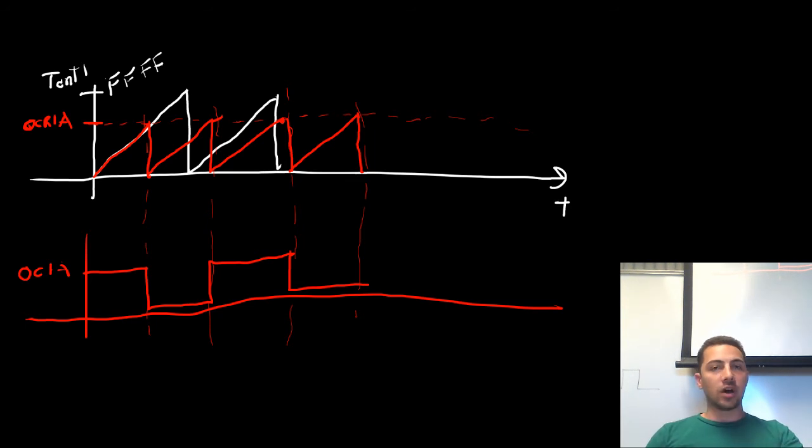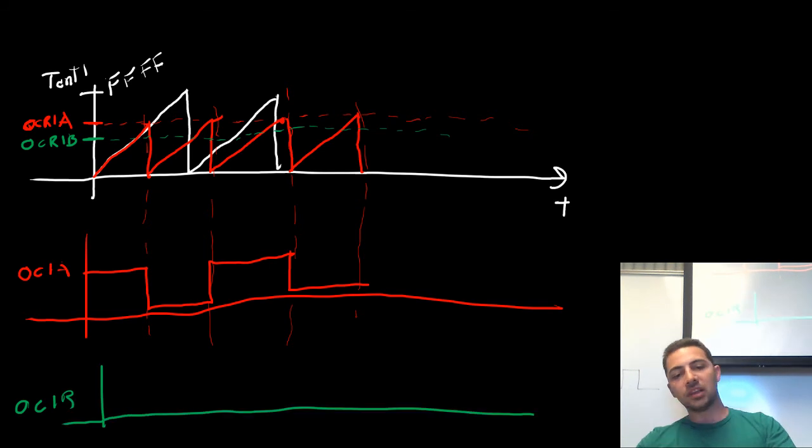Okay, we could also have an OCR1B channel, because we can. We have two things. So if we set OCR1B to be this level, and we have an output here, OC1B, it gets a little bit different because here it's very clear that we're resetting and toggling at these points.